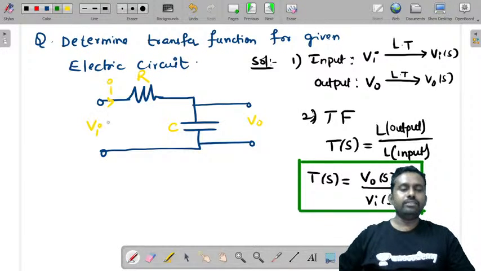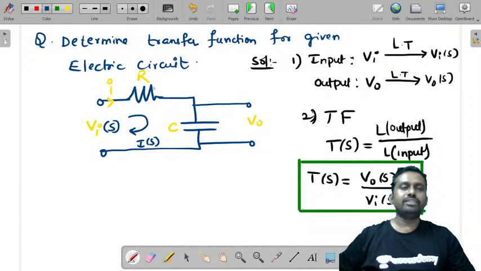I'll directly write the Laplace transform. The Laplace transform of Vi is Vi of S. For I, the Laplace transform will be capital I of S. R does not change, and for capacitance, it is 1 by Cs. I'll also tell you the Laplace transforms of different electrical elements.